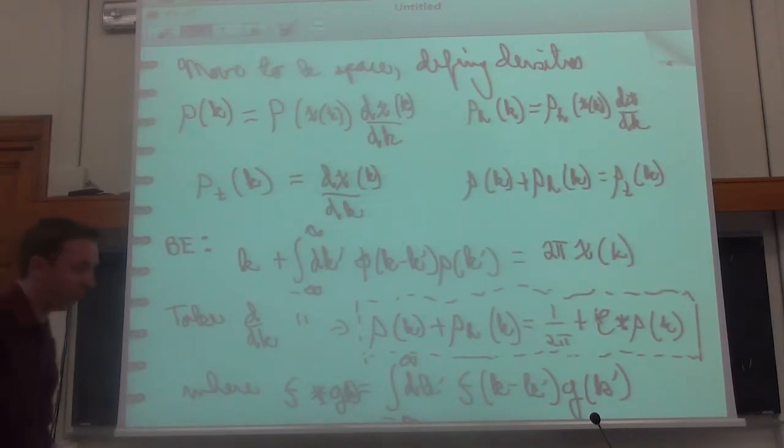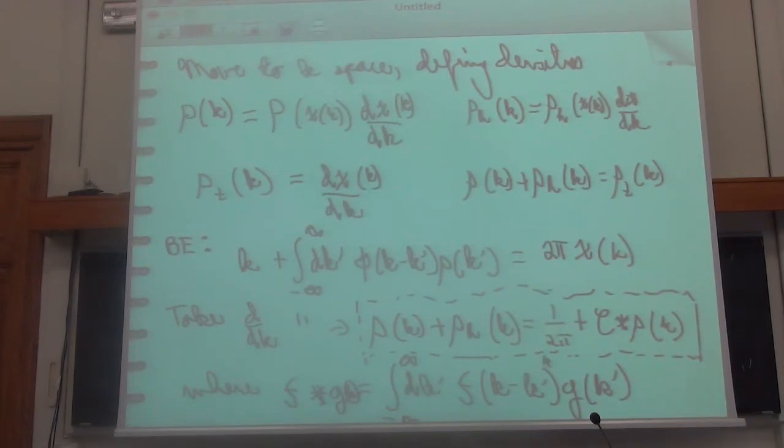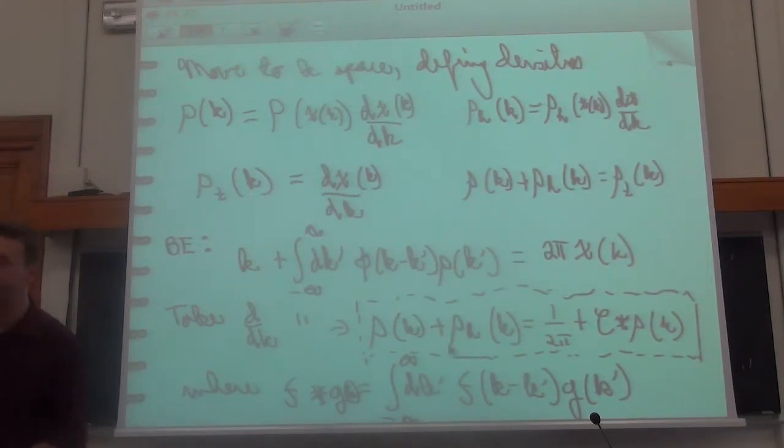Okay? Now, this functional equation here is the continuum limit, the infinite size limit of the Bethe equations. Okay? You have two functions here which are in principle independent, rho of k and rho hole of k. Okay? But they are related by this single functional integral equation.